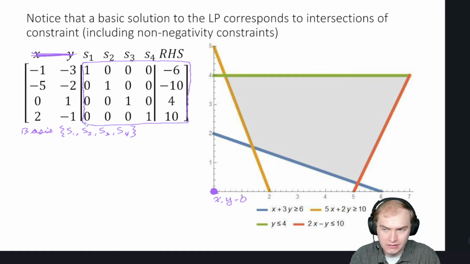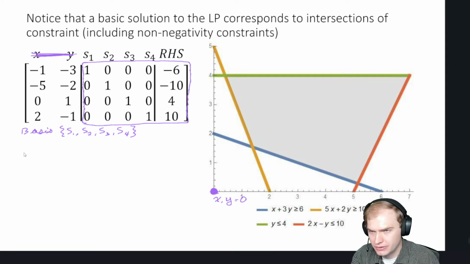And it's already in row-reduced echelon form. So we don't have to solve it necessarily. We just have the solution x, y, s1, s2, s3, s4. X and y are 0, as we've already said. S1 is -6, S2 is -10, S3 is 4, and S4 is 10.